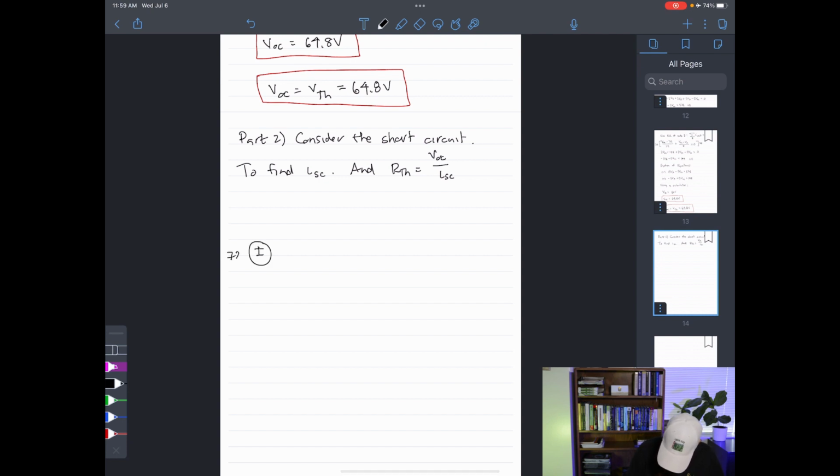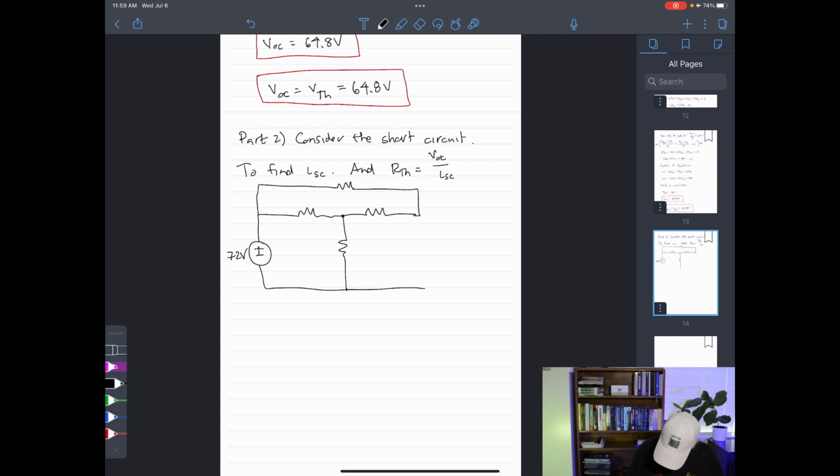And this has a value of 12 ohms, 8 ohms, 5 ohms, and then lastly 20 ohms. And then where we had terminal A and B, what I'm going to do is short circuit this, and there is going to be a short circuit current that flows this way. Let me clean this up a little bit more nicely.